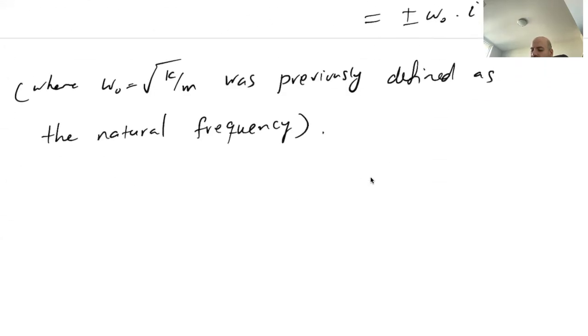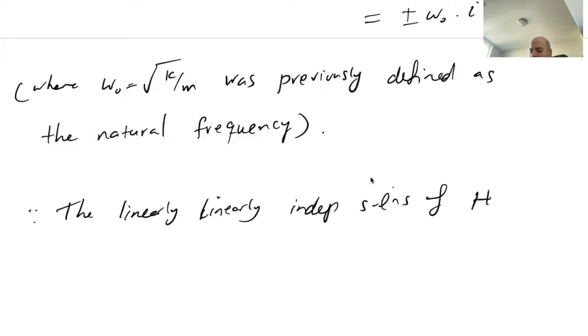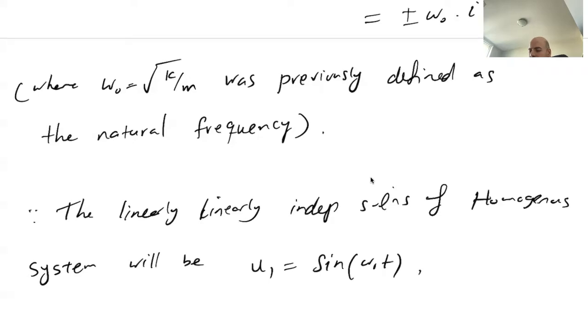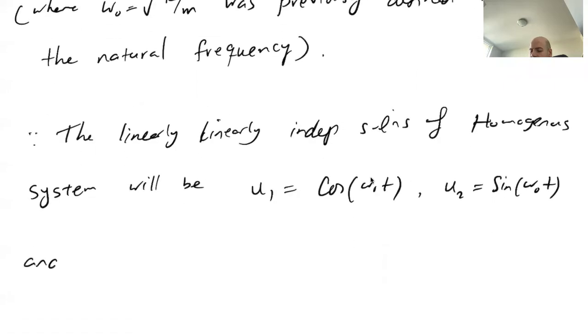So here the linearly independent solutions of the homogeneous system will be u1 equals cos omega naught t and u2 equals sine omega naught t, and uc can be written as the solution for the homogeneous system, c1 u1 plus c2 u2.